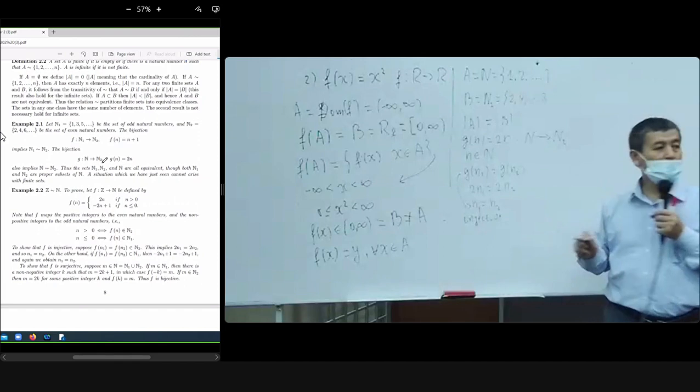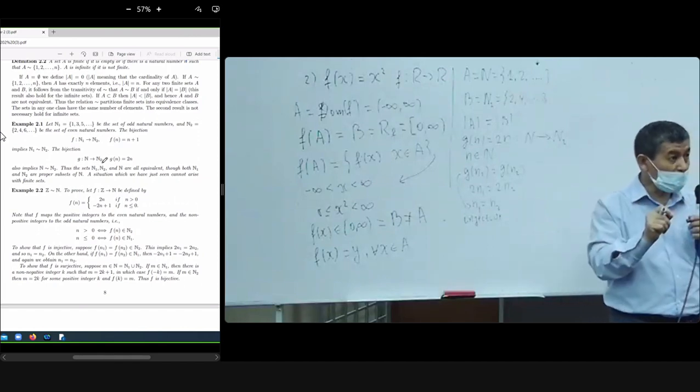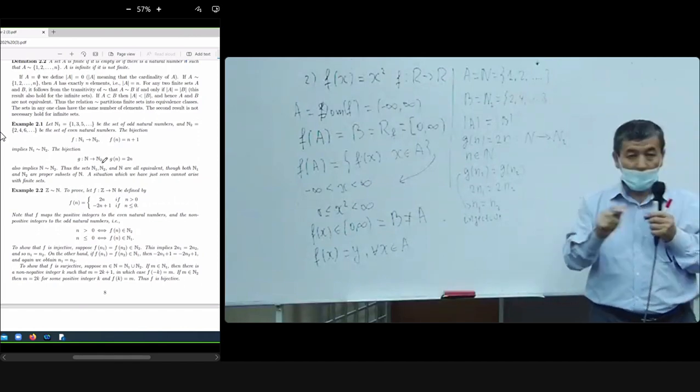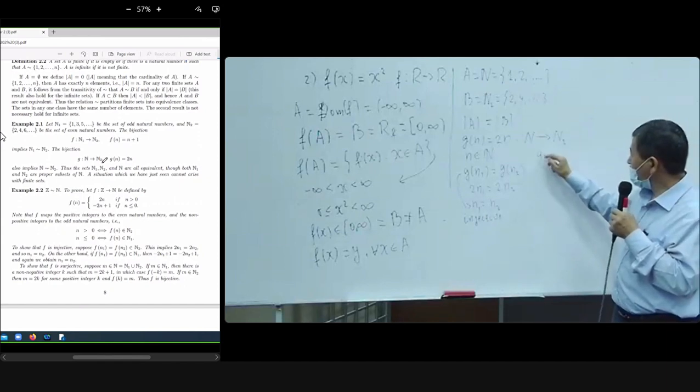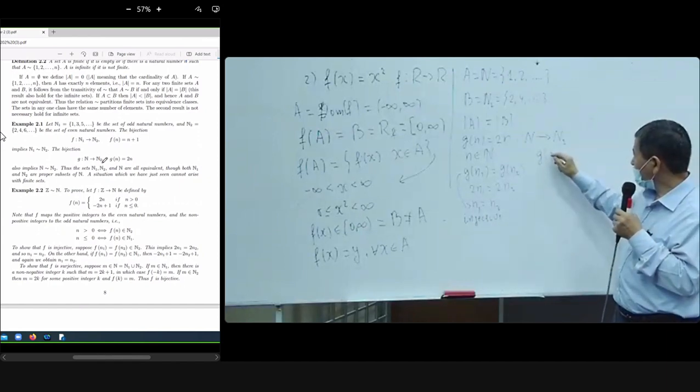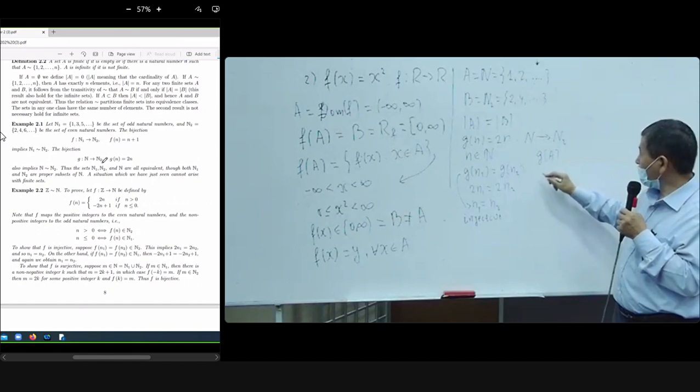Now, how to show the surjectivity? To show the surjectivity, we should have G of A, here A, please pay attention. A is what?